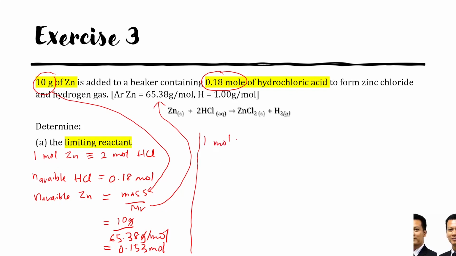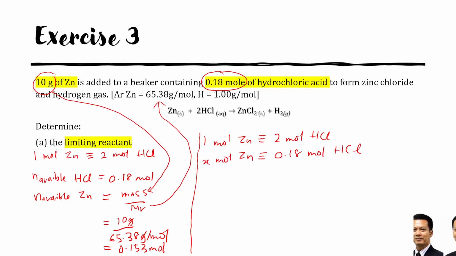So 1 mole of zinc needs to react with 2 mole HCl. So if you have 0.18 mole of HCl, what is the mole of zinc that you need? Again, this is the number of mole that we need to calculate.